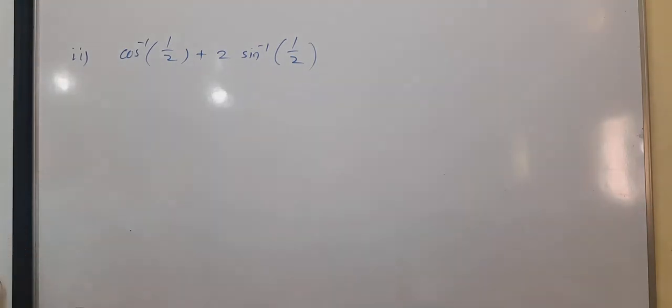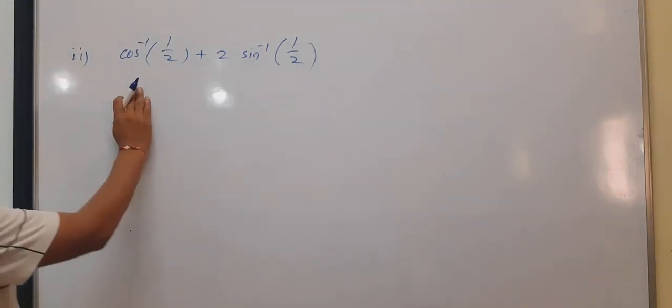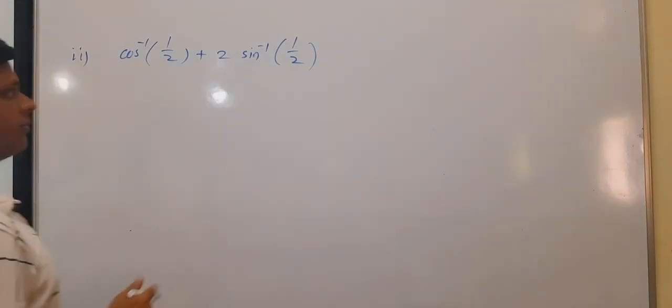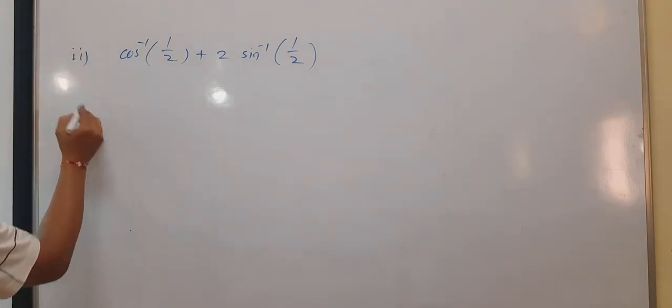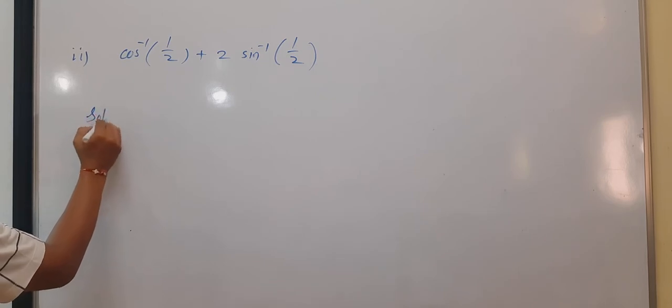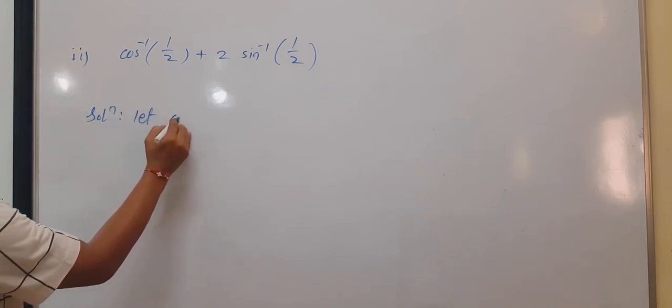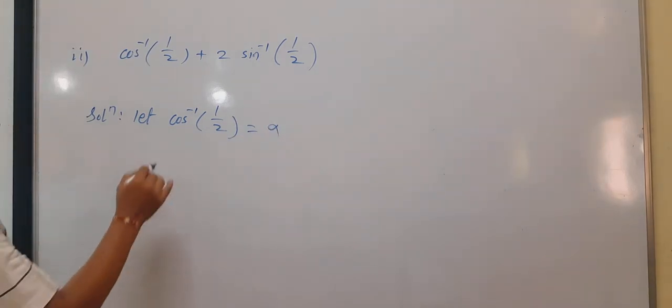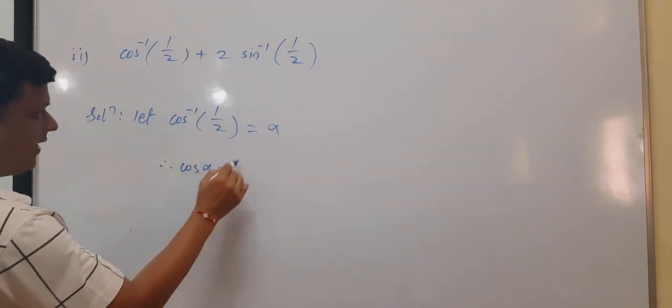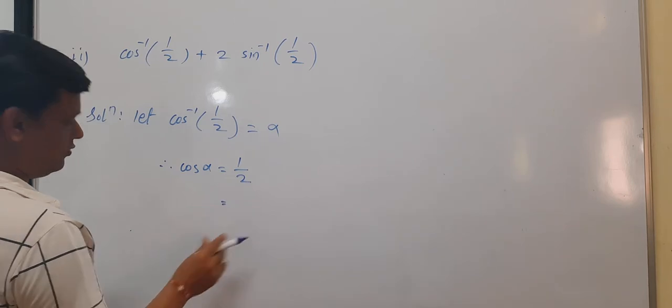Now see the second example: cos inverse of 1 by 2 plus 2 sin inverse 1 by 2. So we first find the value of cos inverse 1 by 2. In the solution, let cos inverse of 1 by 2 equal alpha. Therefore, cos alpha is equal to 1 by 2.